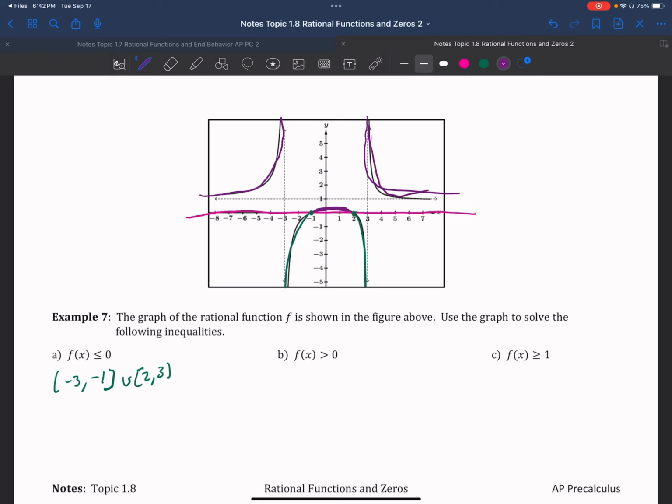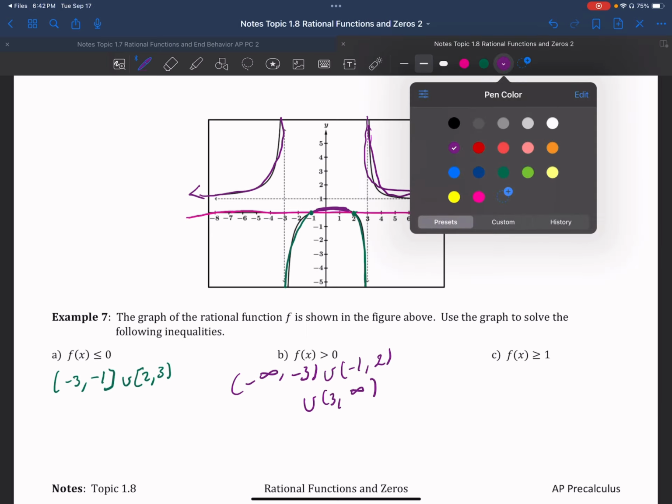Okay, for the left side, I do see that I have a left arrow, so I need to start at -infinity all the way to the dashed line, which is -3. After that, I must exclude the endpoint because it's greater than, so I start at -1 all the way to 2, and then from 3 all the way to infinity for the last part of the purple line.